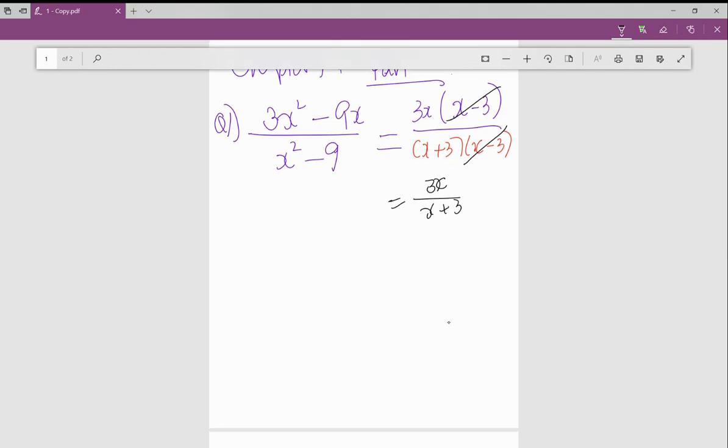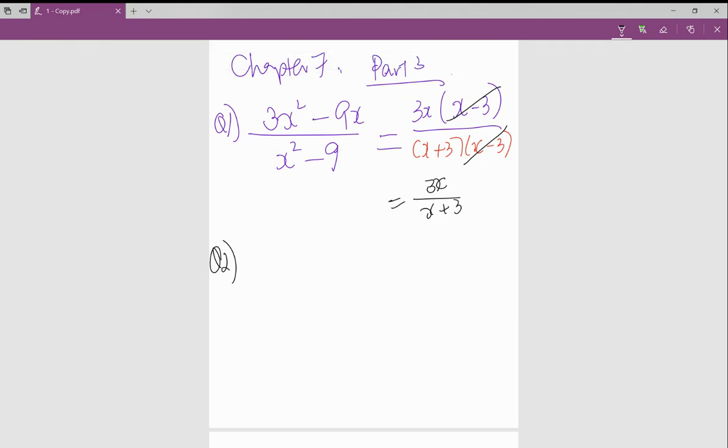Let's try another question of the same type. For example, let me just pick x squared minus 4 over x squared plus 2x. So again, the numerator is a squared minus b squared.